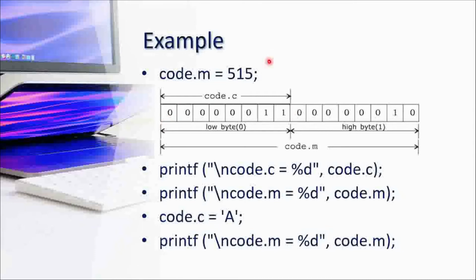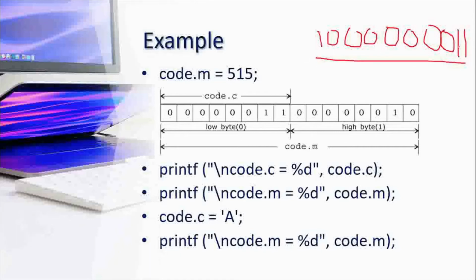So 515 converted into binary will be like this: 1 0, then 0 0 0 0 0 0 1 1.